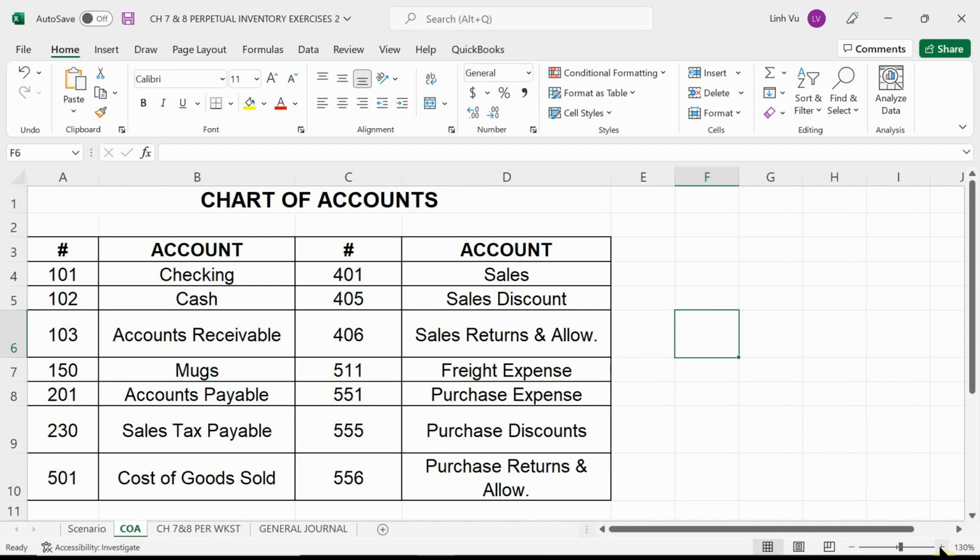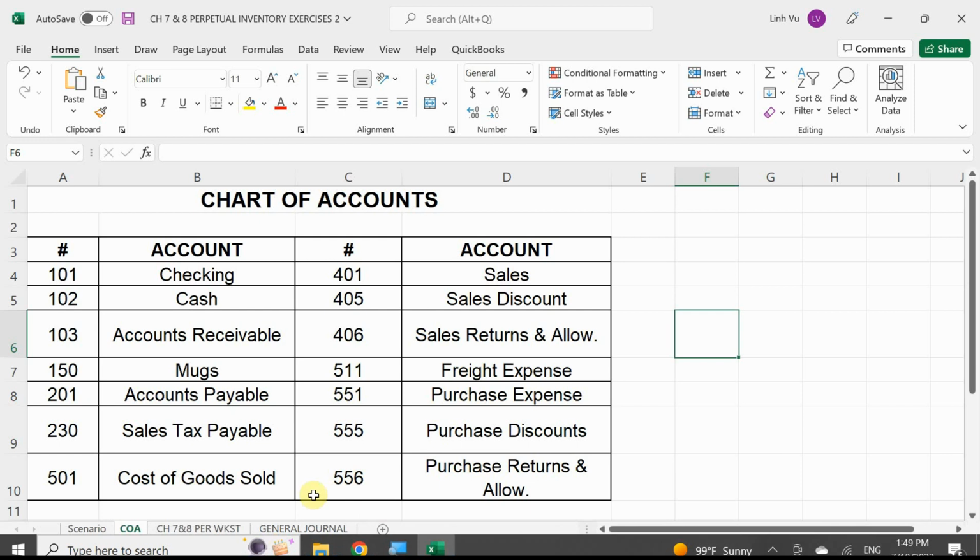Inventory, and accounts payable, because we are buying on account and need to pay Cuppies Co. Good. So we're going to be using account 150 and account 201.